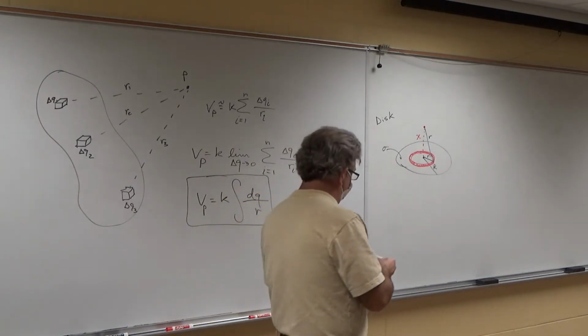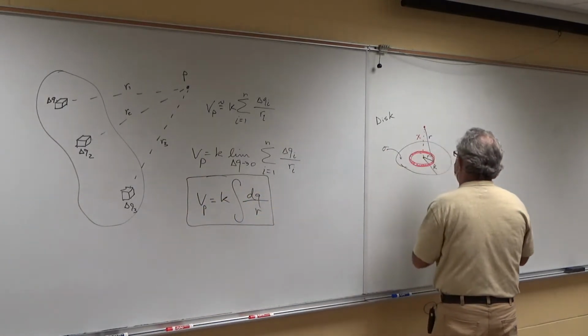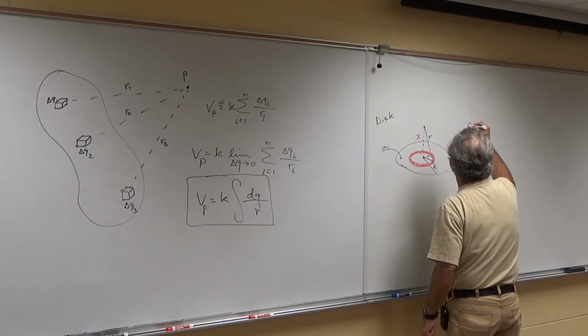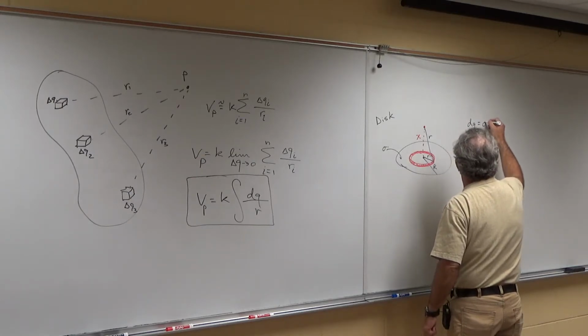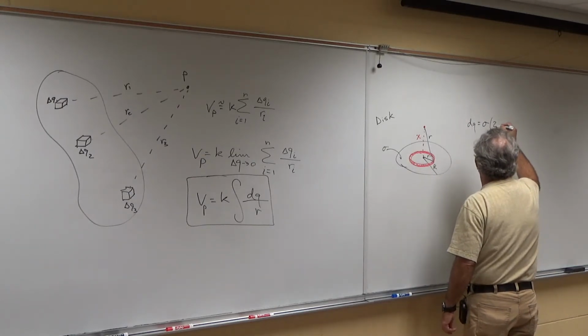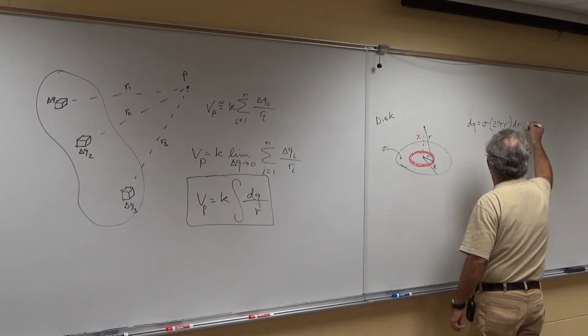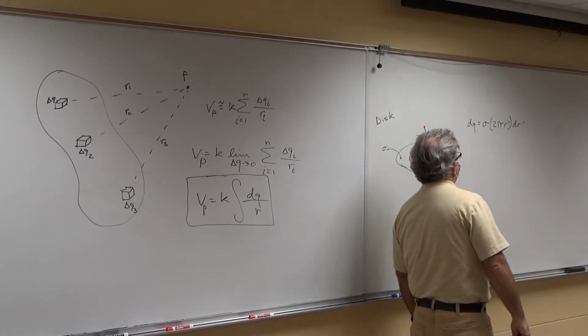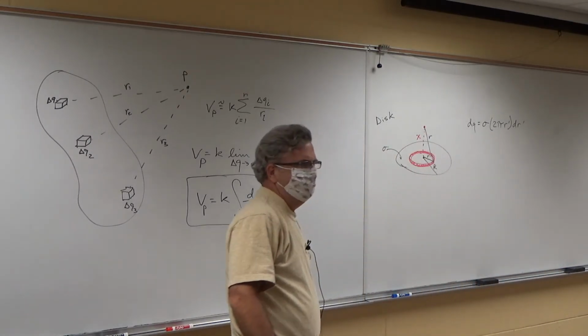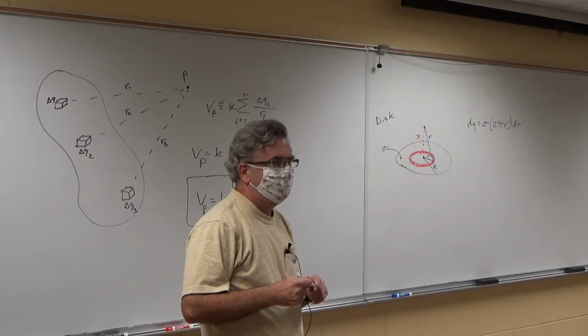If you remember from the electric field, dq is equal to sigma times 2 pi r prime dr prime. Remember that? Maybe not.